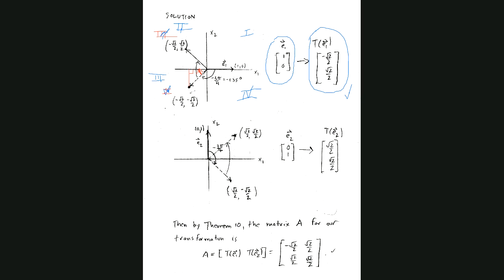All right, well, we have a 2 by 2 matrix, so we need another transformed vector.